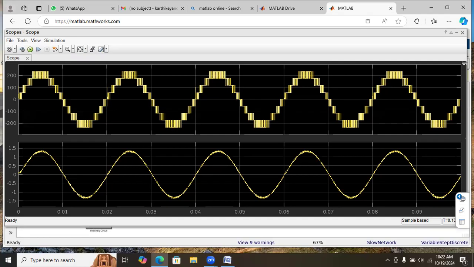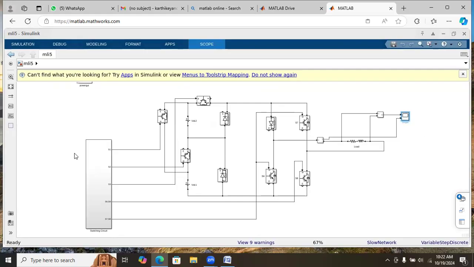Still we are getting the same number of levels even after we reduced the number of switches. From 10 switches to 6 switches we have reduced now. And we have changed the ratio also. Initially it was 1:3 ratio, now it is 3:1 ratio. So these are the results we are getting for various topologies of the multi-level inverter.